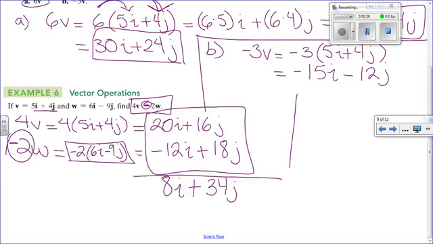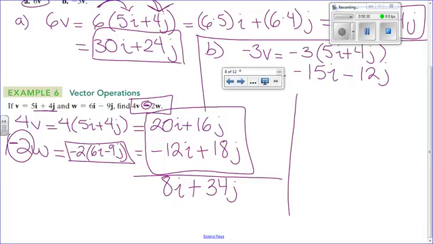Now, the other way that I was going to do it, Sandra, was you get 4b, right? And so we got that it was 20i plus 16j. Now, I was going to multiply 2 times w, so that would have been 12i minus 18j.